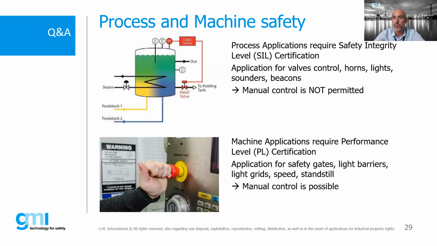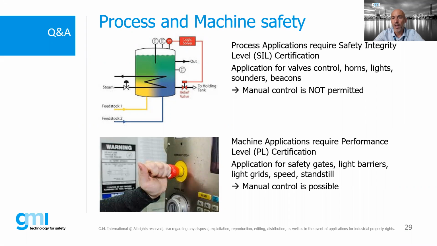Really safety. There is no manual control. It is not permitted, it must not interfere with the safety function. When your DCS is closing a contact, the relay must switch immediately without any delay, without any manual control.